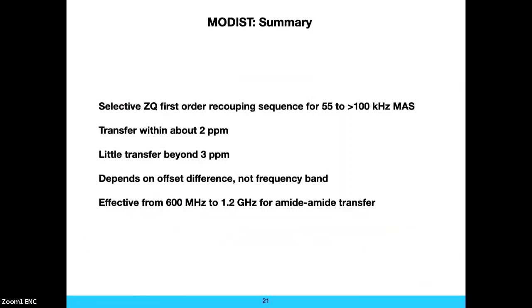The sequence depends on offset differences, not a frequency band. We've also tested it both at 600 megahertz and at 1.2 gigahertz. Initially, we thought this might work well for 600, but at higher field this might result in a bandwidth which is too small. But this ends up being pretty good for both of these fields.